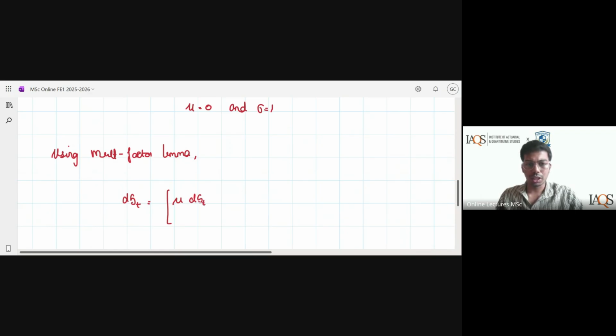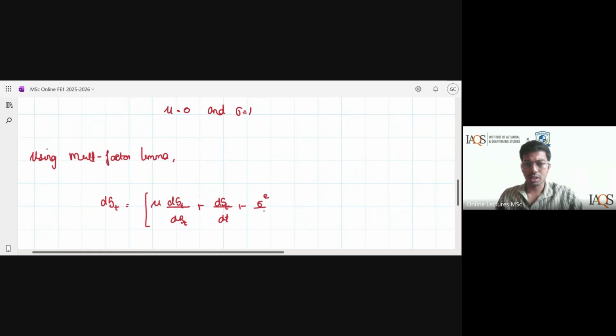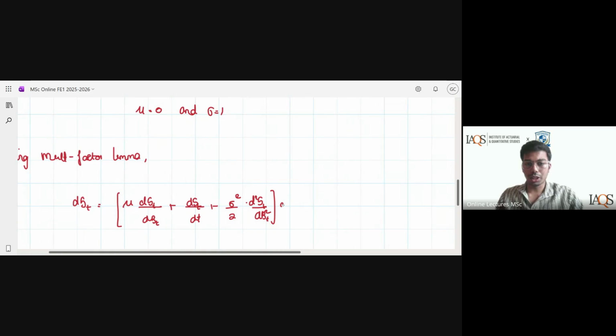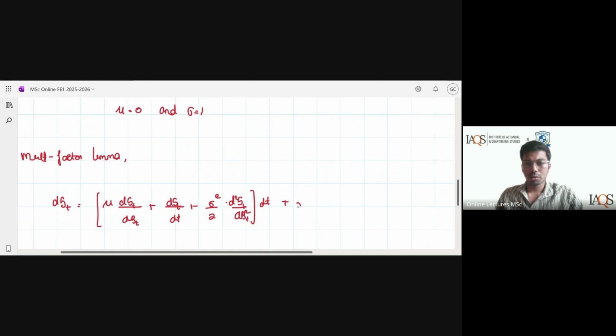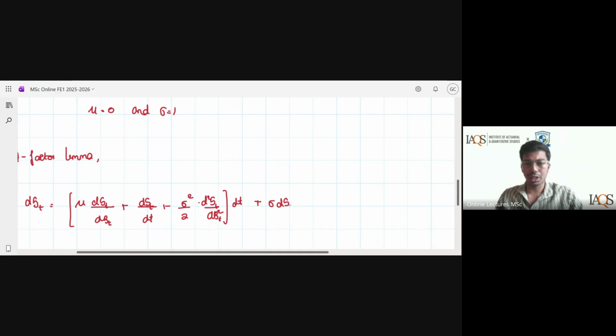Mu into dHt by dBt plus dHt by dt plus sigma square by 2 into d square Ht by dBt square, the whole into dt plus sigma into dSt by dBt into dBt.